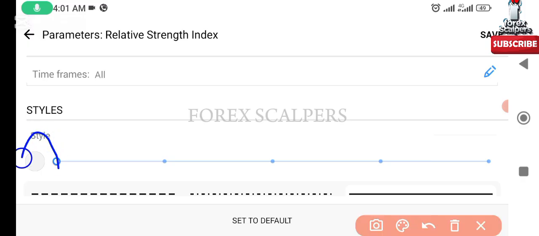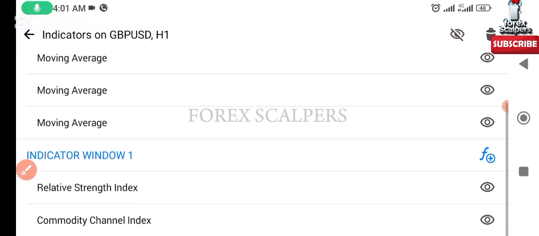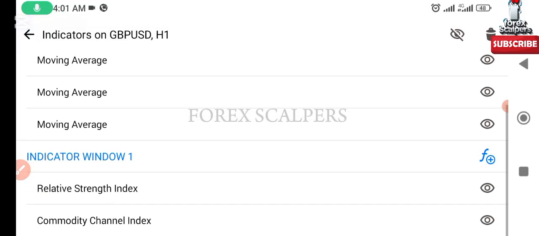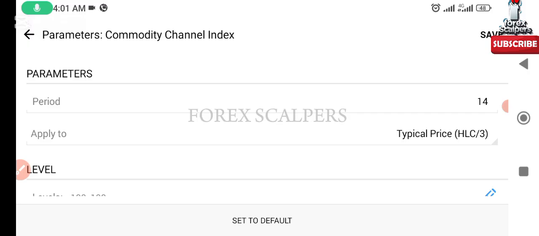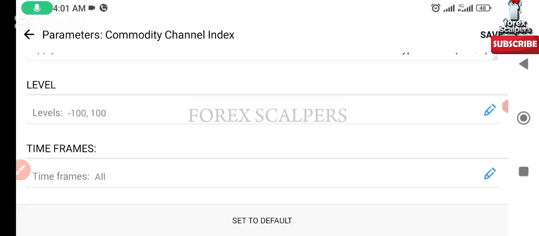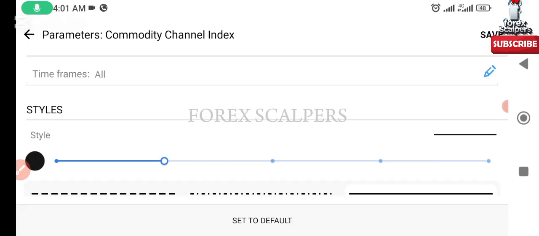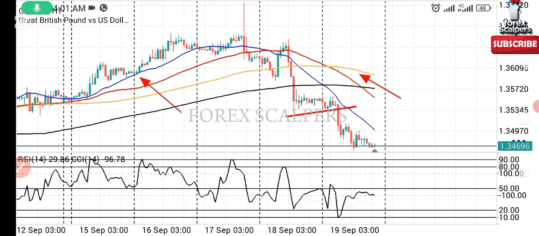So you can change this particular style to suit your background. If your background is black, kindly change that color to black. Okay, then afterwards we have our commodity channel index. It is the default setting. The period is 14. You apply it to typical price, high low close, and here are the levels and the color is black. So if you've done everything correctly, your chart will look like this.